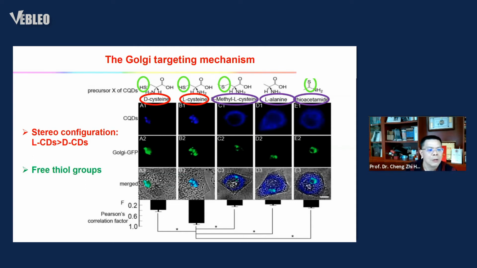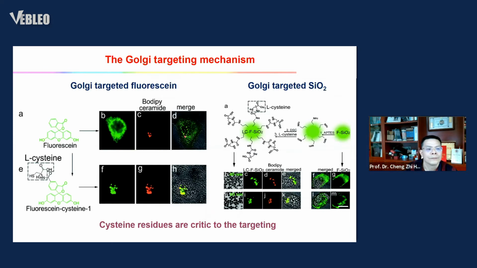At last, we should consider the cysteine group. As to the targeting of L-cysteine, we chose chemically modified organic small molecules and nanoparticles with the L-cysteine, and then incubated them with the HepG2 cells.